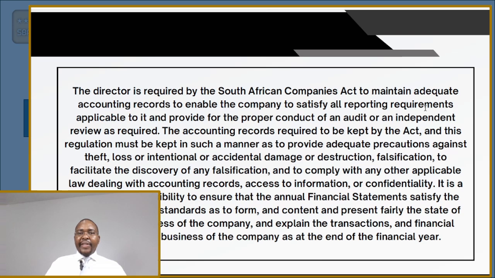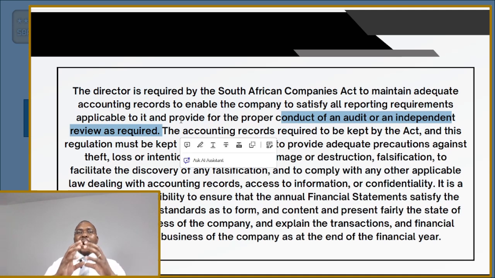Now, it further says the adequate accounting records must help the business to conduct an audit or an independent review as required. So we must not only find out when there is an audit to be undertaken that we should have kept a certain document.